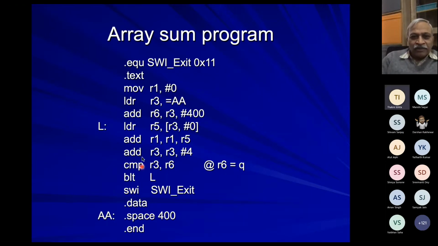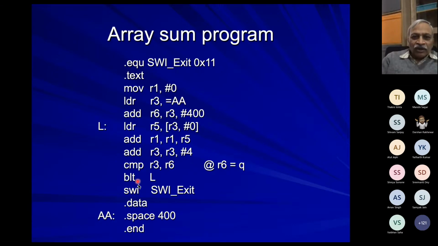Now, a few things have been added in the beginning and in the end, and I briefly explained. Let me just repeat that. All these dot statements are basically assembler directives. They are not executable statements. They are not instructions. They are simply commands or pieces of information given to the assembler.